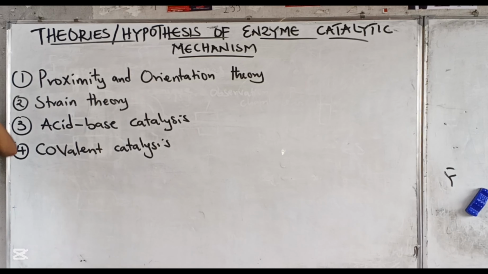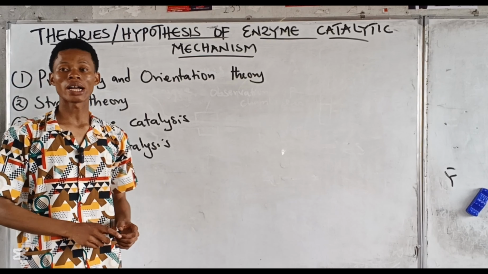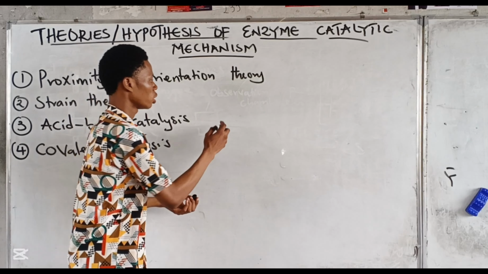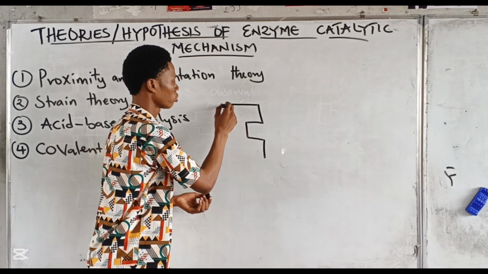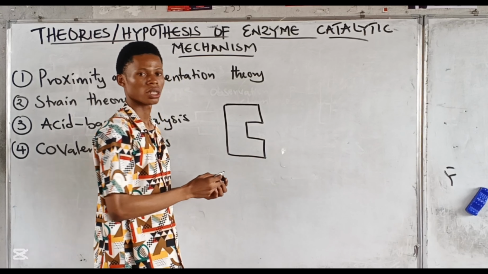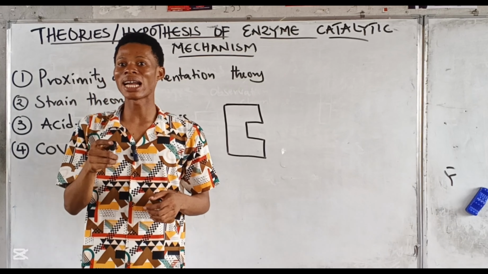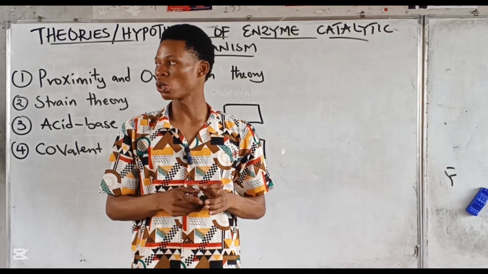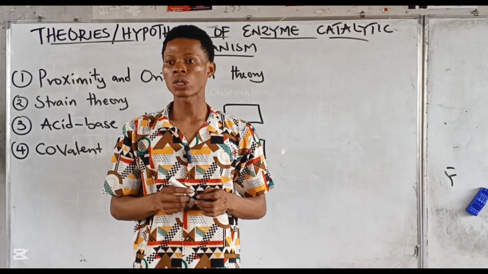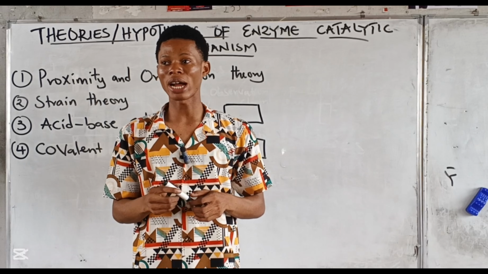The first one here is proximity and orientation theory. You agree with me that if this is an enzyme, the site of the enzyme where the substrate binds for catalysis to take place is called the what? It's called the active site of the enzyme, right?